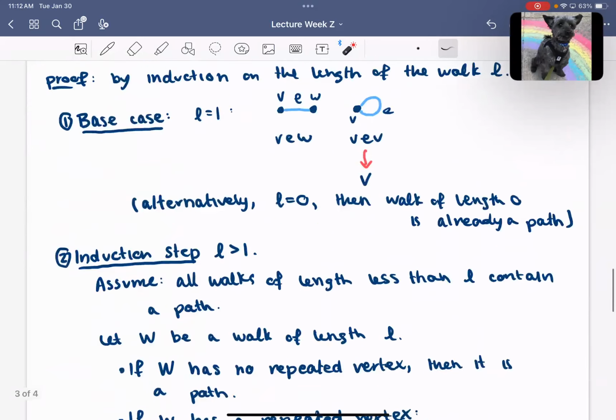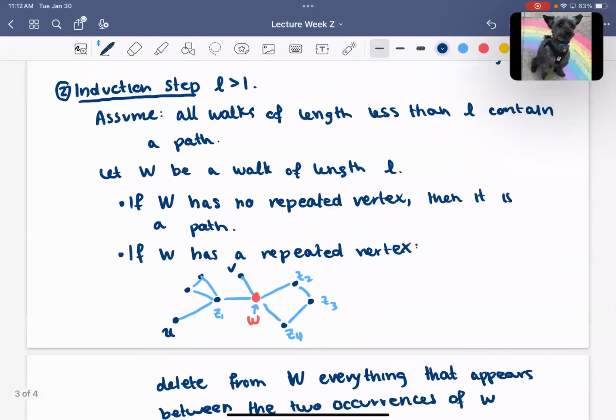I think you could have a situation where sticking on that extra edge, like let's say this is U and this is V. So here's what I'm worried about.